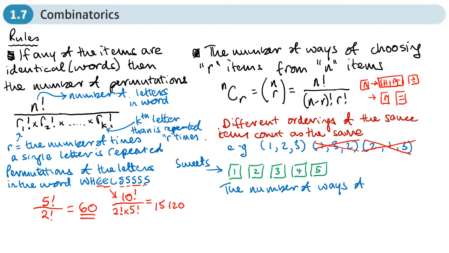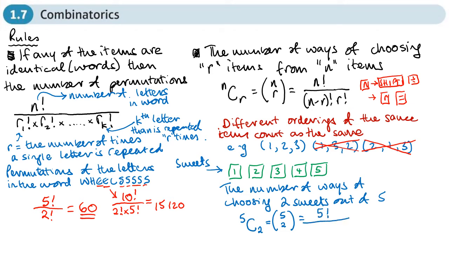So if I want to find the number of ways of choosing 2 sweets out of these 5, that would be 5C2, which you could also write as 5 over 2 like this.